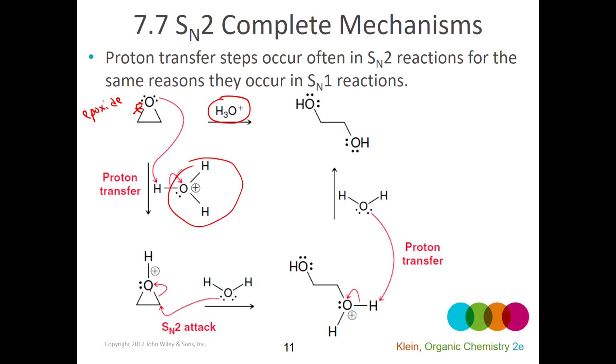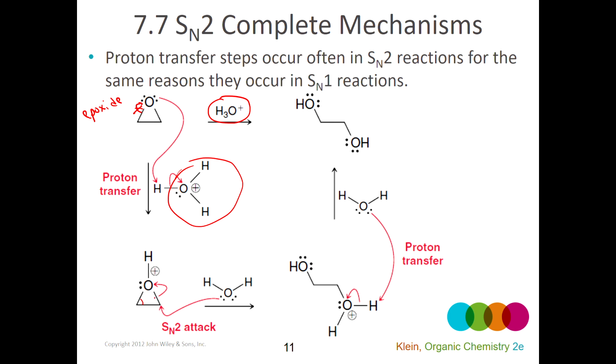Now this ring is really unstable. Not only does it have the ring strain associated with the angles that are putting the electron clouds too close, as well as the torsional strain between the hydrogens that are eclipsing on these adjacent carbons, it also has a full formal charge on the oxygen, which is really quite unstable.